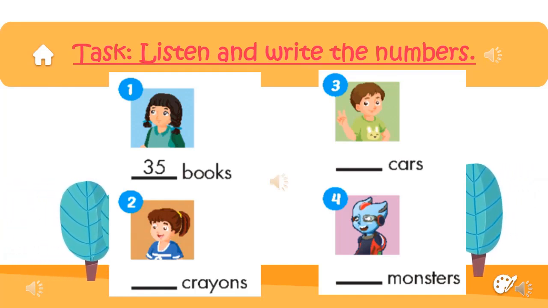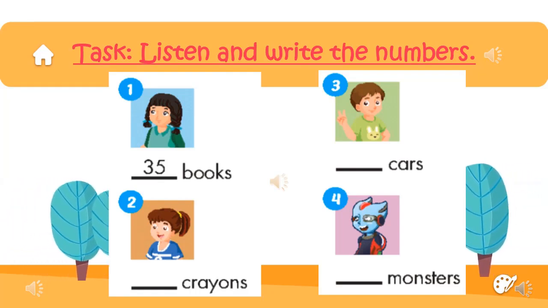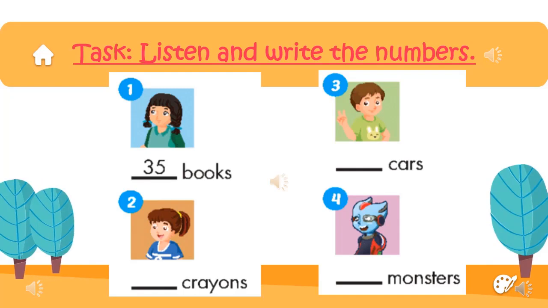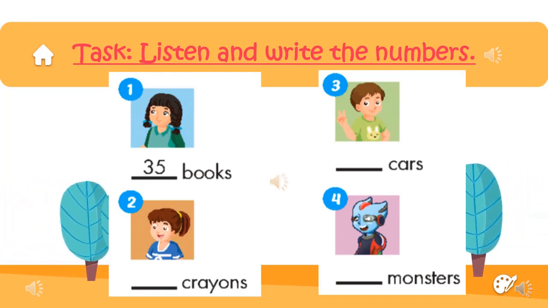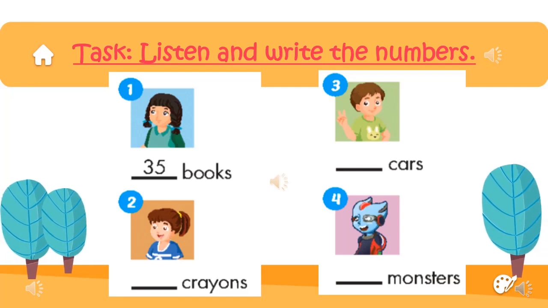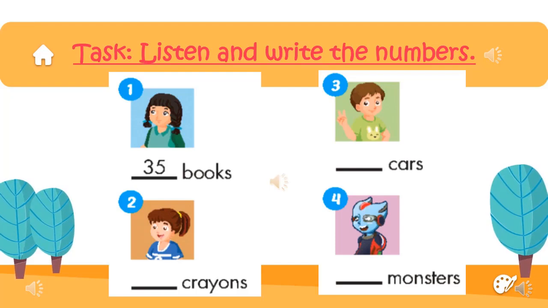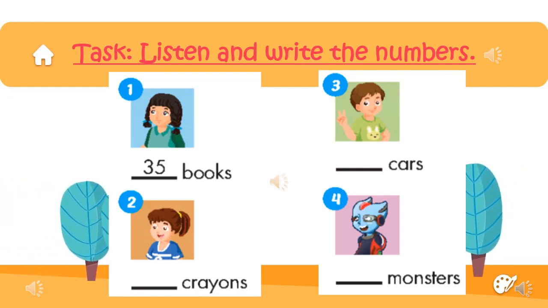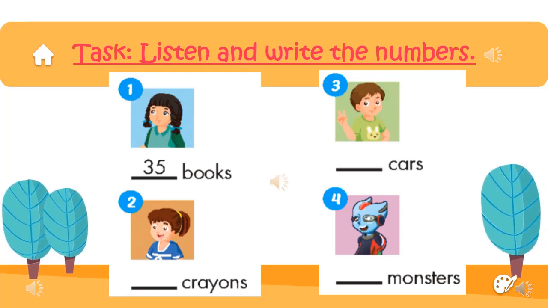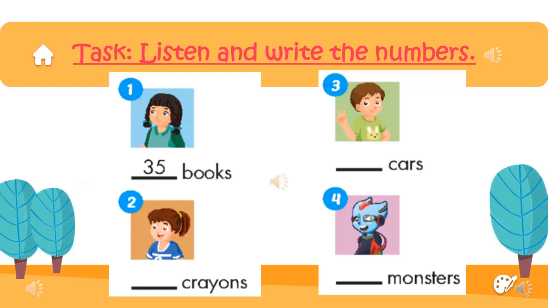2. How many crayons do you have, Lucy? I have 50 crayons. 50? That's a lot. 3. How many cars do you have, Tom? I have a lot in a box. I have 65 cars. 65?